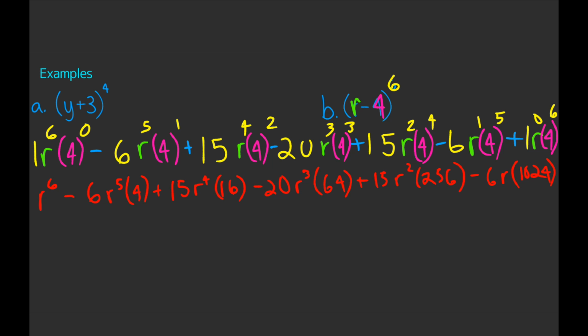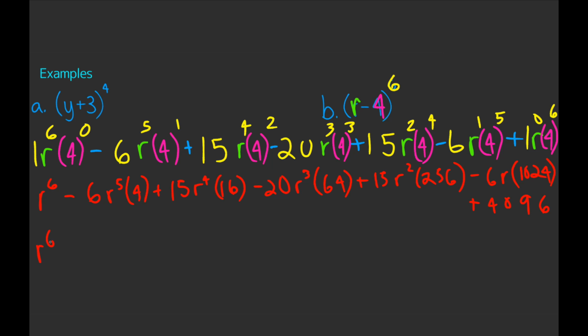I'm running out of space, so I'll write it down here. 1 r to the 0th power is just 1, we don't need to write that, times 4 to the 6th power, which is 4096. Now we're going to simplify some more.